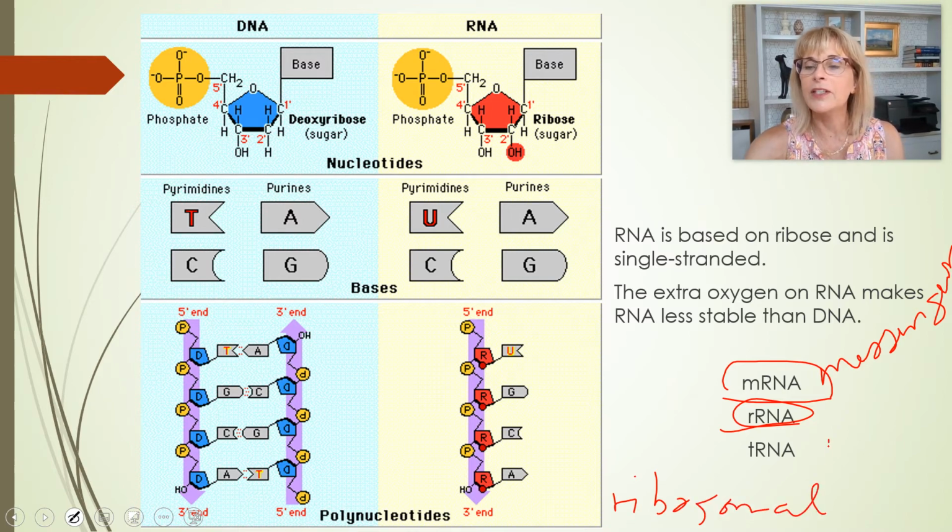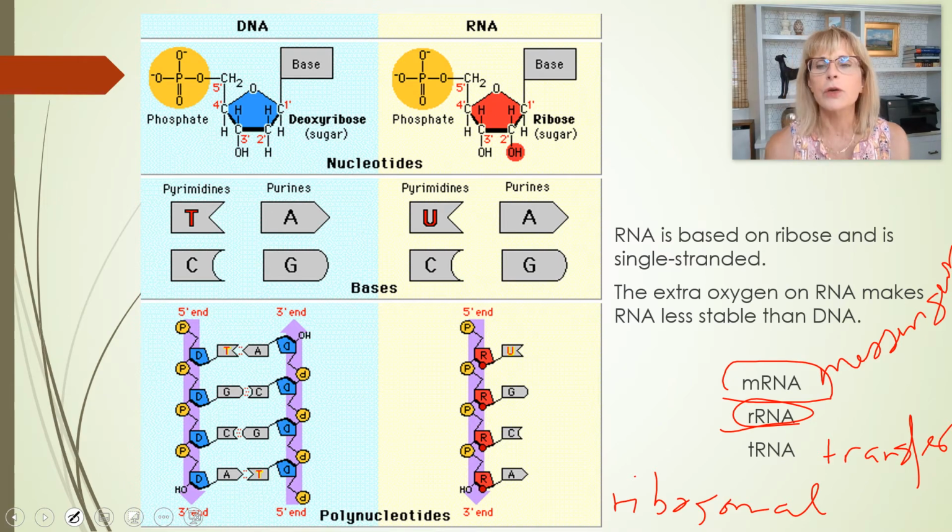And the T in front of the last one stands for transfer. Okay? We're going to talk about them in detail. So the 3 kinds of RNAs that you need to know for this module, which is all on exam 1, is mRNA, rRNA, and tRNA.